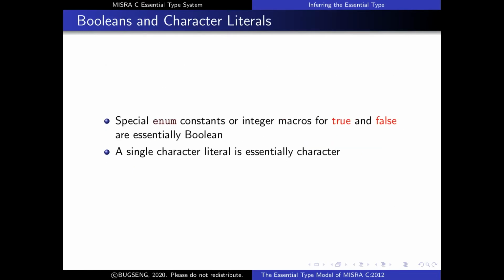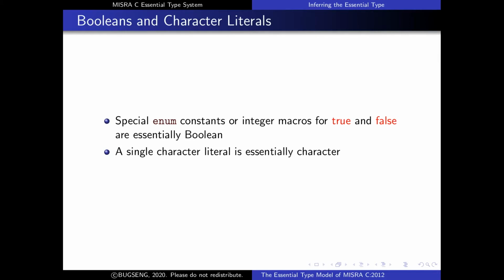So let's start. If we have defined enumeration constants or integer macros for true and false, these are essentially Boolean. This is something you have to do if you are working in C90, where there is no built-in type bool. So you have to construct your own Boolean type and Boolean constants.